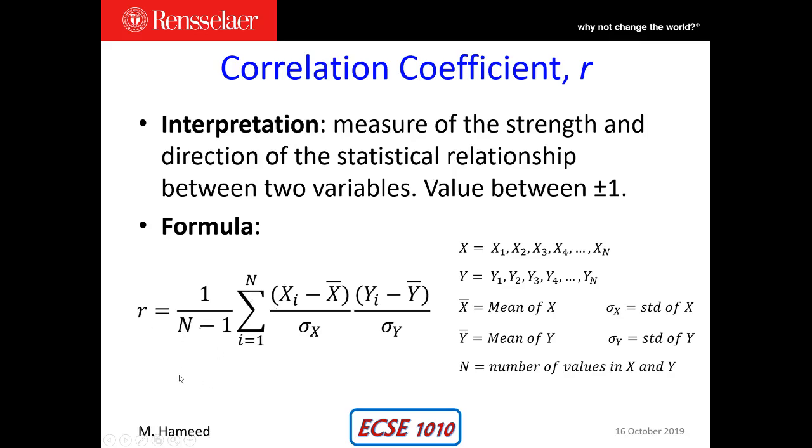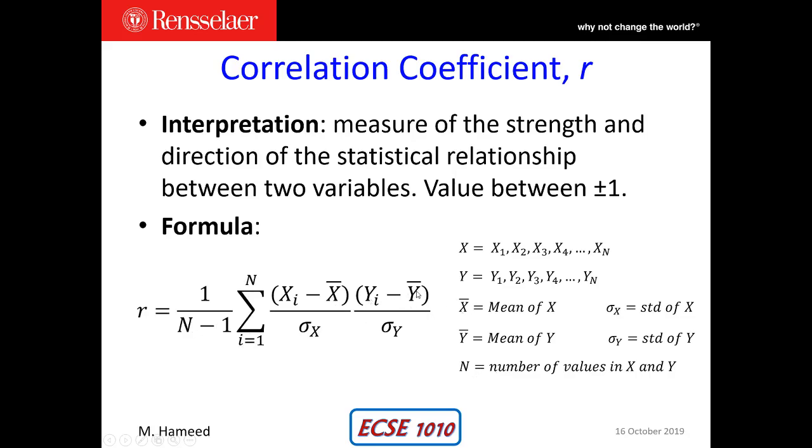How do you calculate r? We are going to use this formula to calculate the correlation coefficient. In this formula, you already know a lot of the parameters. For example, xi and yi are the elements in x and elements in y. X and y are the two variables we are using for this formula. X has elements x1, x2, x3 and so on. Y has elements y1, y2, y3 and so on. Both the data sets x and y have the same number of values, capital N, which we are using in this formula as well.